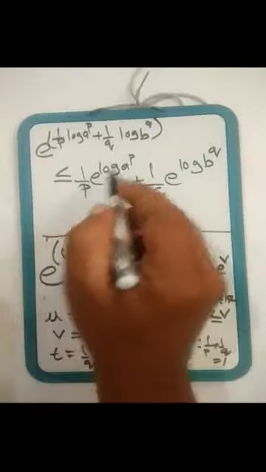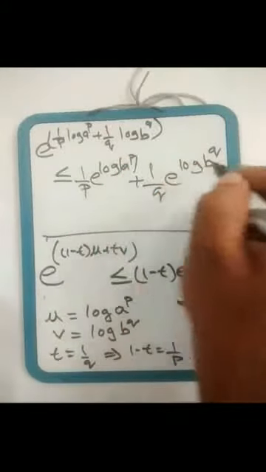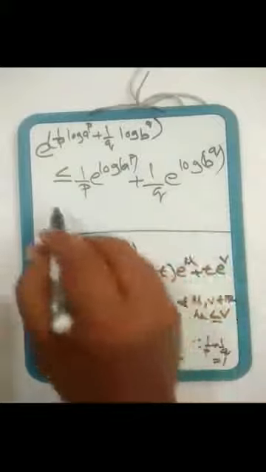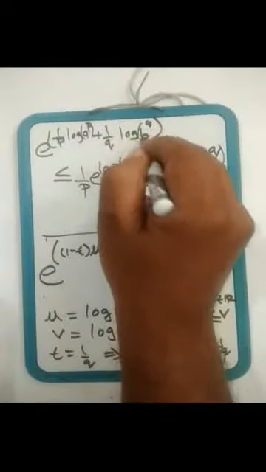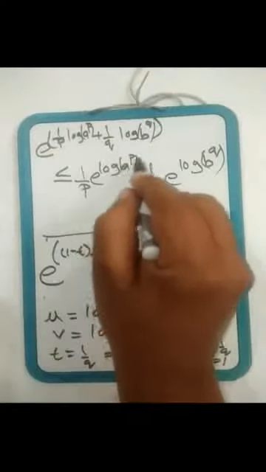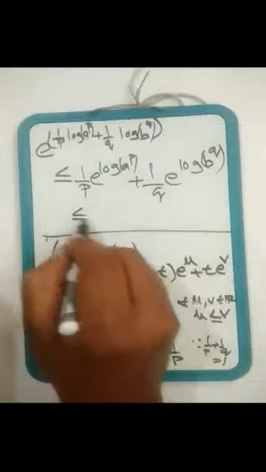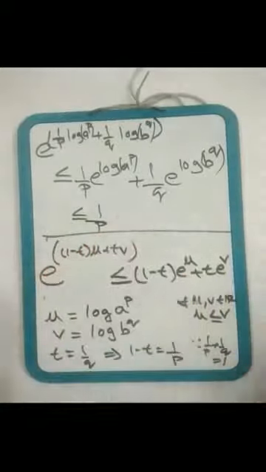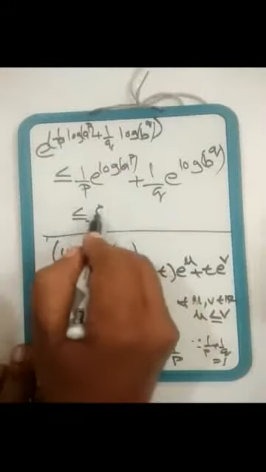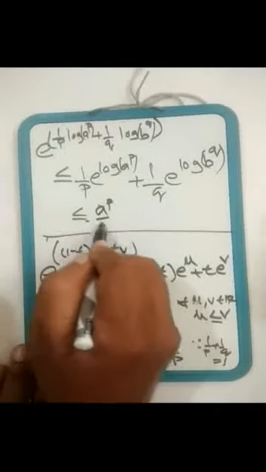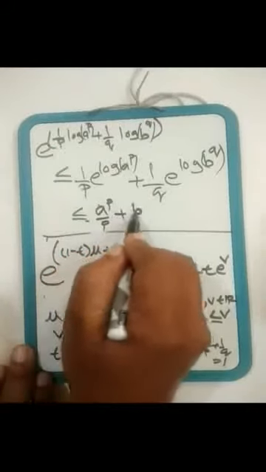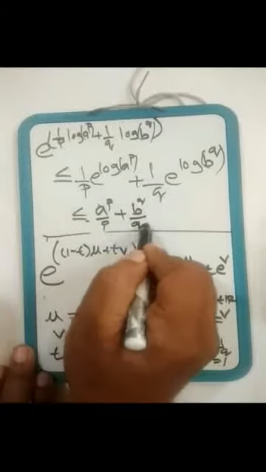If you look at the bracket this way, what do we get? The value over here, e raised to log, is nothing but a raised to p upon p plus b raised to q upon q.